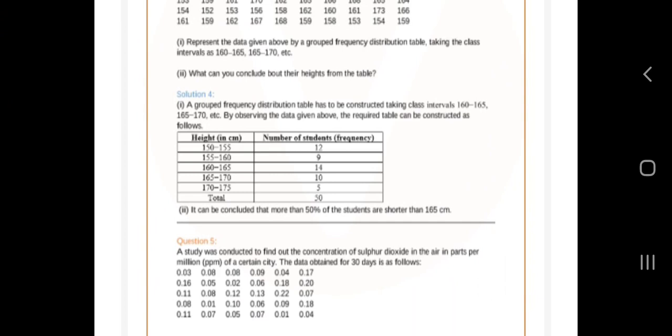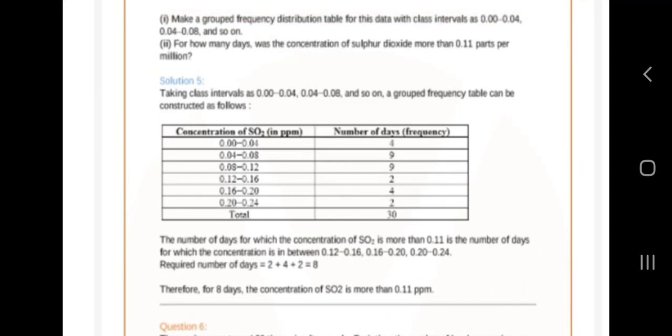Next, a study was conducted to find out the concentration of sulfur dioxide in the air, in parts per million, of a certain city in 30 days. Here we have to make groups of 0.00 to 0.04, 0.04 to 0.08 like this.